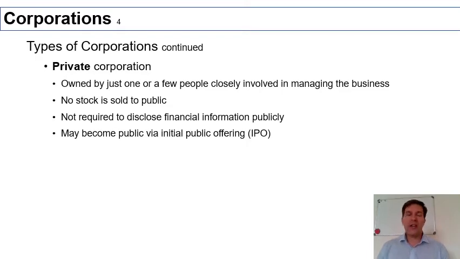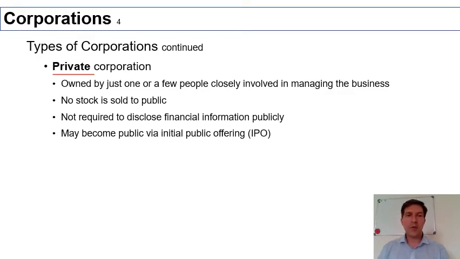Now, another differentiation about different types of corporations is whether the corporation is private or public. Now, what is a private corporation? It's a corporation that is owned by a small group of people, usually family, but it doesn't necessarily have to be. So you will often see private corporations that are actually owned by a group of family members.